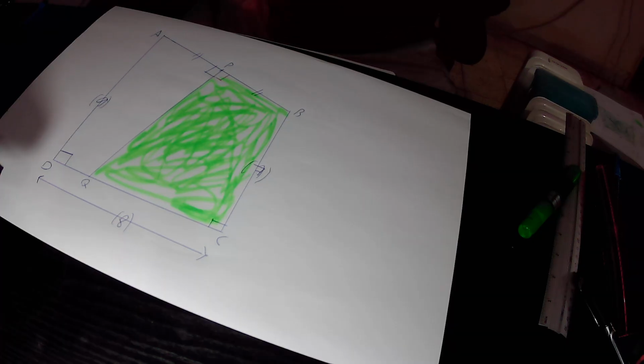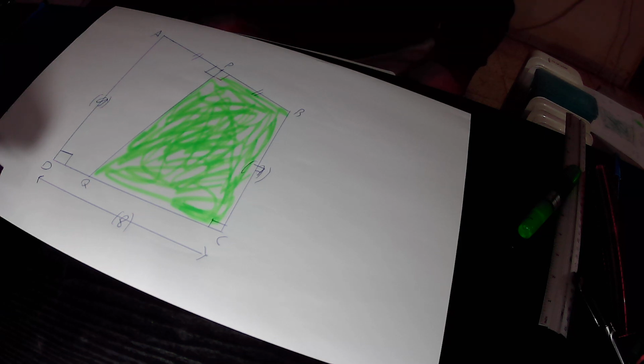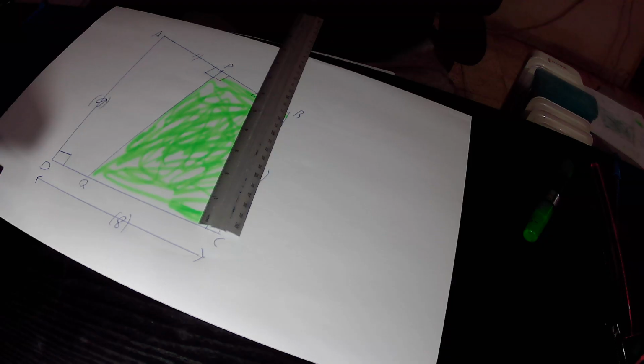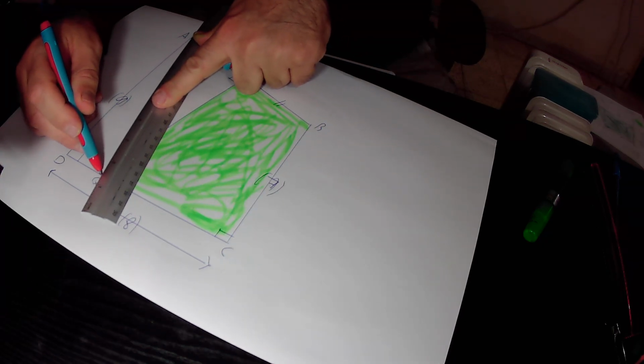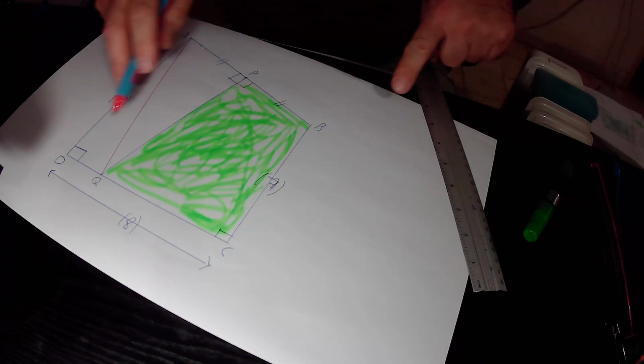The next step, we will join points A and Q together by a straight line. Likewise, we will join points B and Q together by a straight line.